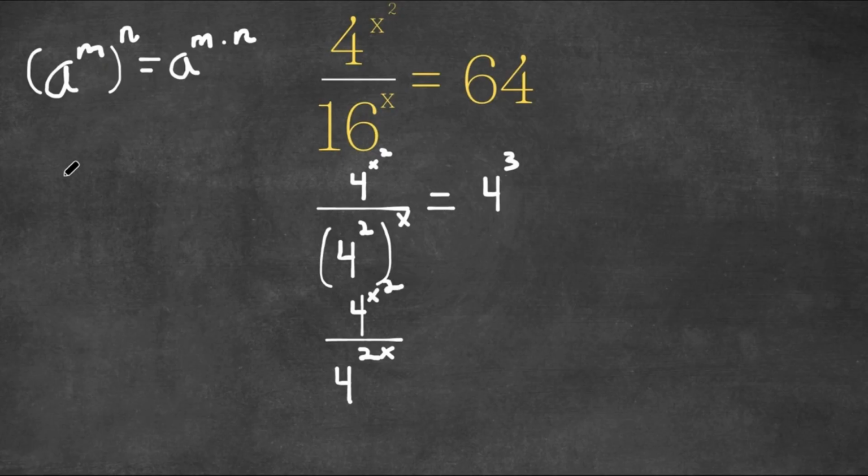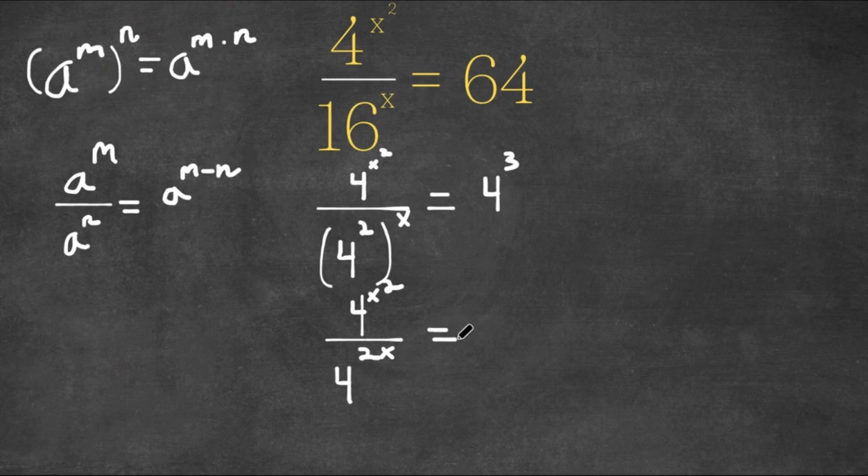Now, if we have something in the form a to the power of m over a to the power of n, this is the same thing as a to the power of m minus n. So 4 to the power of x squared over 4 to the power of 2x is the same thing as 4 to the power of x squared minus 2x, and this is equal to 4 to the power of 3.